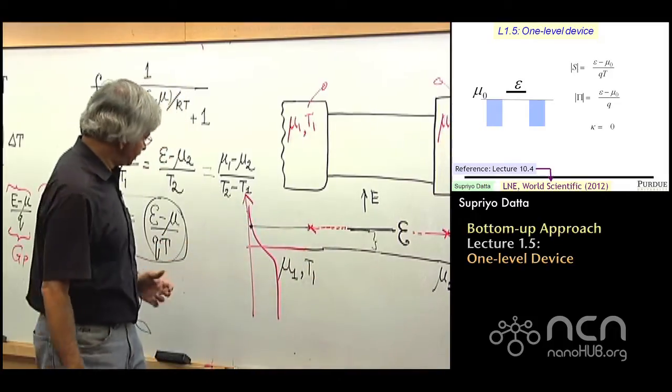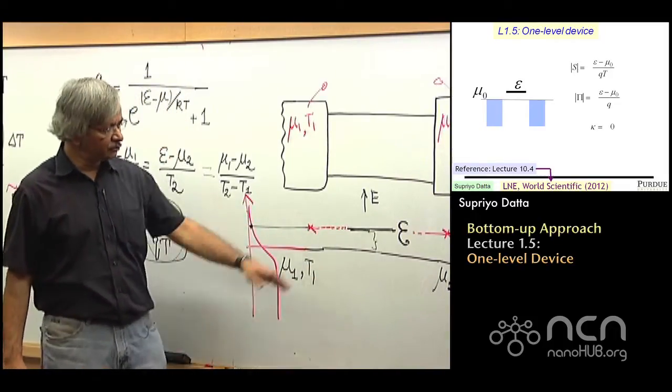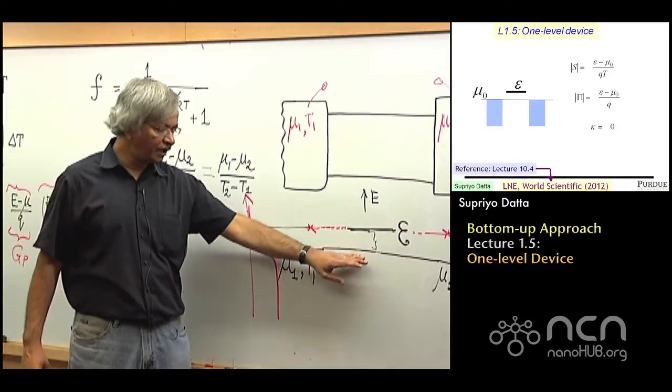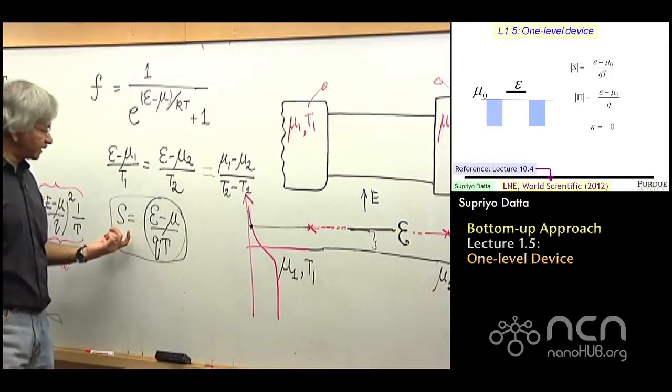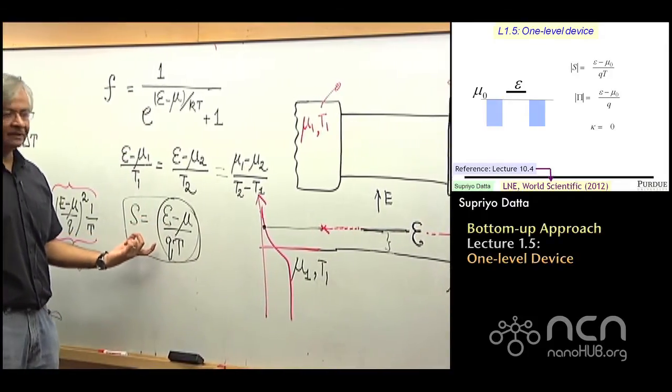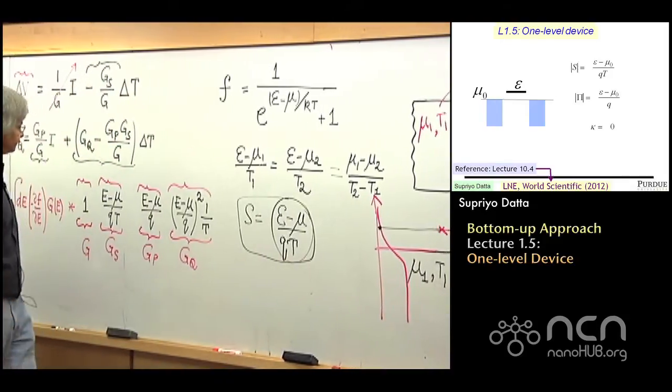Okay? So that's true. Now, why then don't we look for materials whose density of states are way above the chemical potential? Well, the thing is, you do get a high S, but then that's not everything. You also want a good conductance.